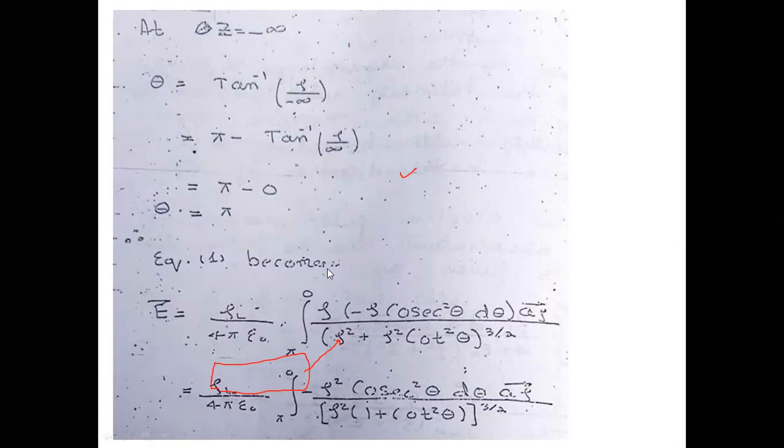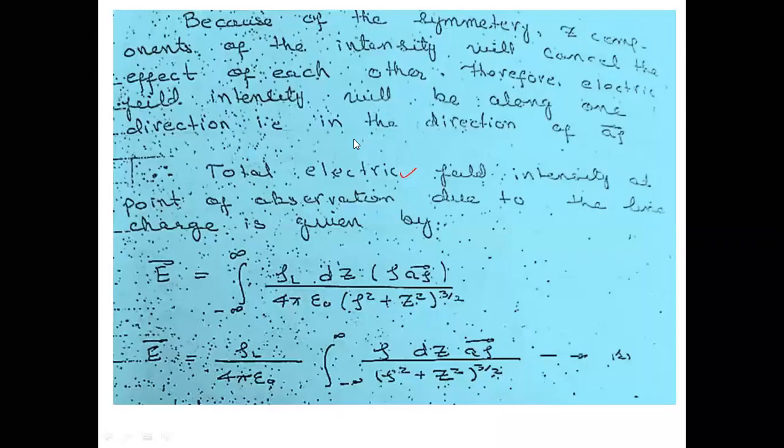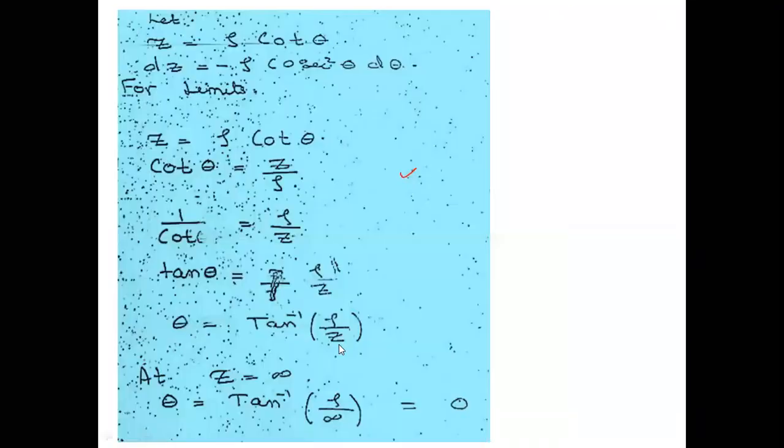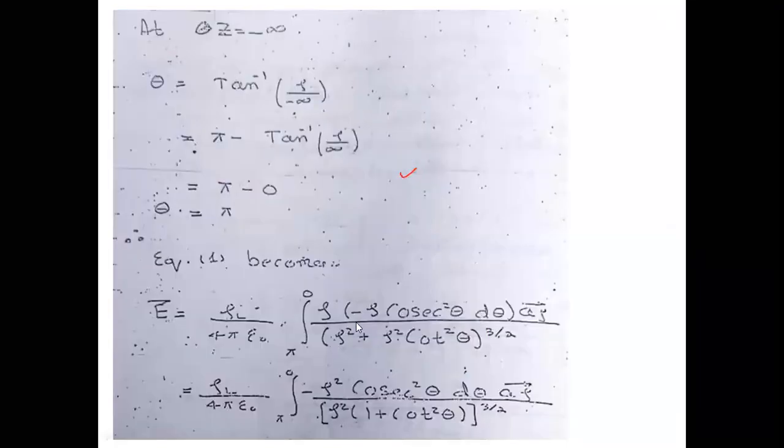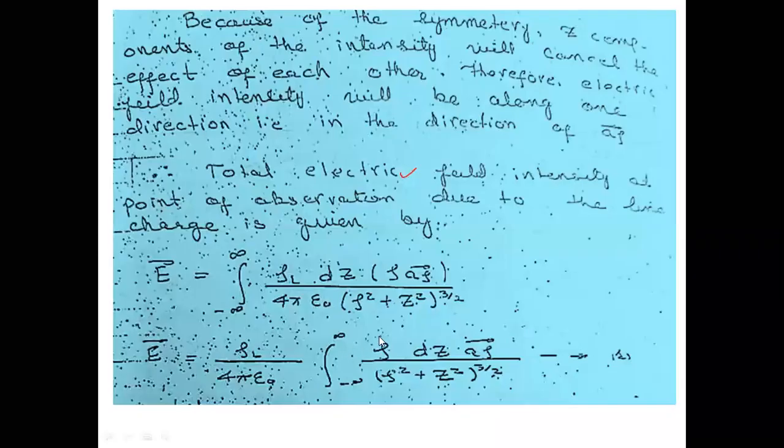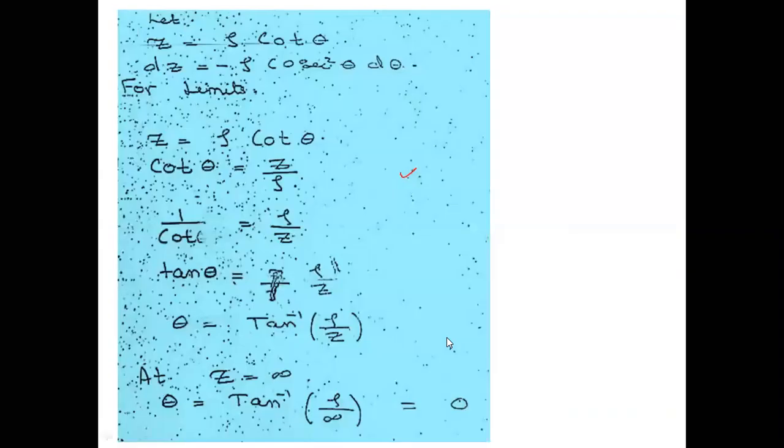Now we have found the limits, the upper and lower limits for the theta. So transforming the whole function from z, dz and these limits into the theta. Okay, so rho as it is, now replacing the value of dz from here.